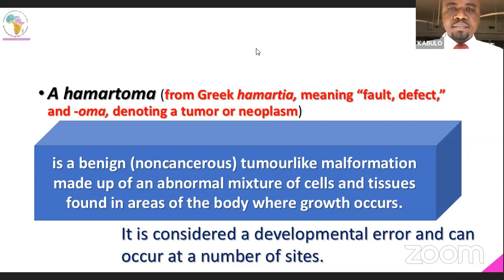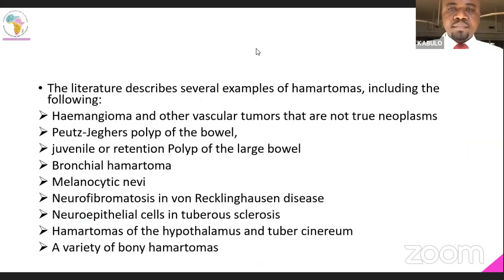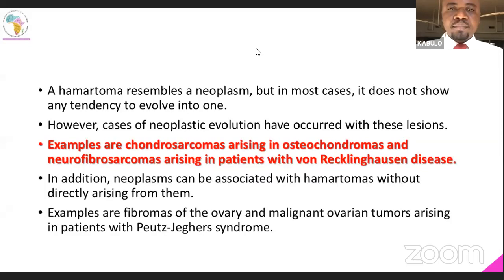So other authors consider it as a developmental error, which can occur at a number of sites in the body. But in the literature, they describe several examples of hematomas. Usually, hematoma resembles a neoplasm, but in most cases, it does not show any tendency to evolve into one.